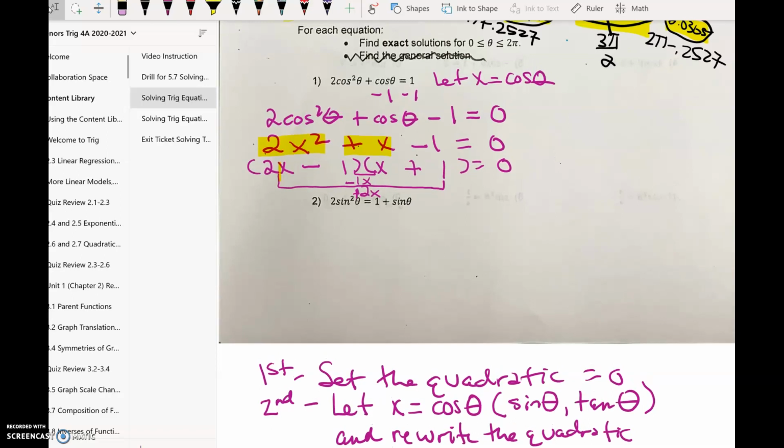So you've got to be really careful that when you substitute back in, you put back in the correct one. So this would be 2 cosine of theta minus 1 times cosine of theta plus 1. All I did was substitute where x is, I put in cosine of theta.